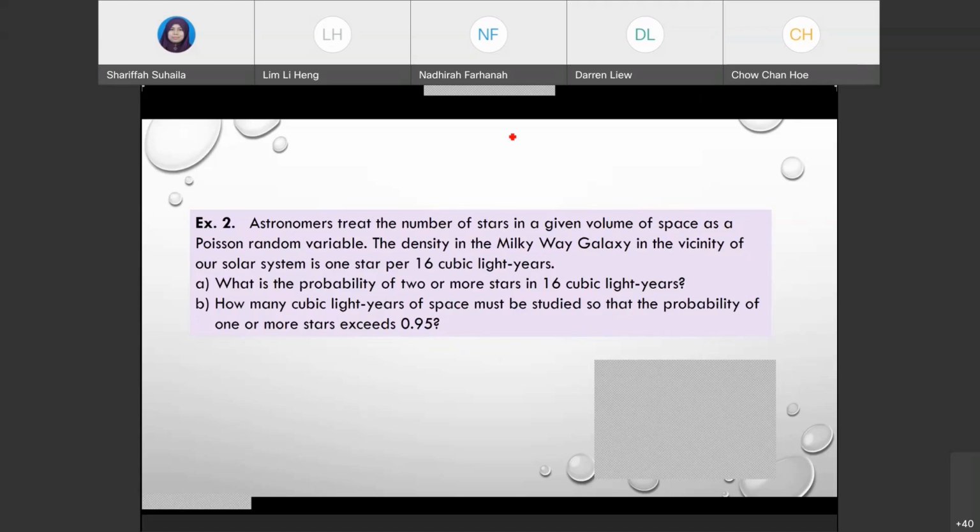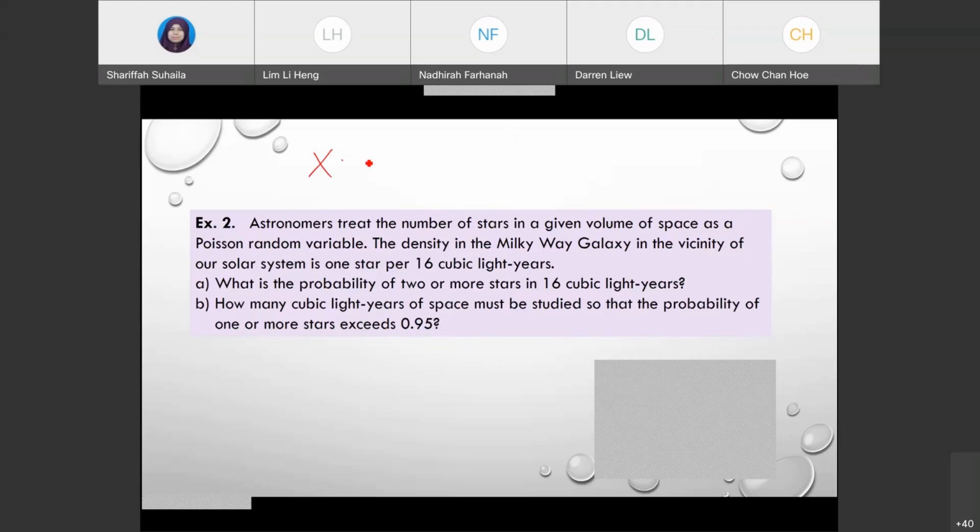So that's mean if you want to define your random variable, your x is the number of stars in 16 cubic light years lah. Okay, so x distributed as Poisson, lambda 1.